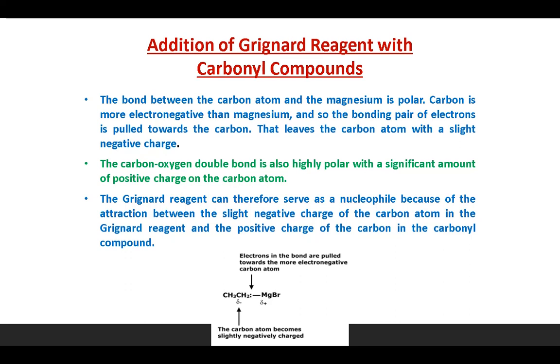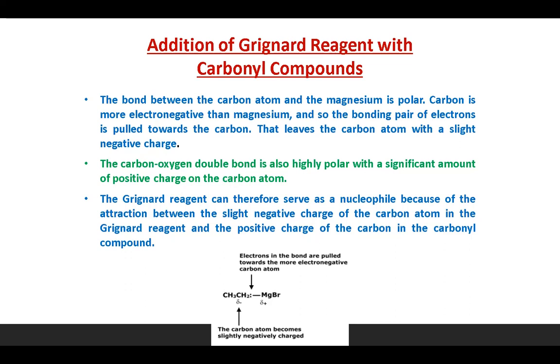The carbon-magnesium bond in Grignard reagents is covalent, and not ionic. The bond between the carbon atom and the magnesium is polar. Carbon is more electronegative than magnesium, and so the bonding pair of electrons is pulled towards the carbon. That leaves the carbon atom with a slight negative charge.